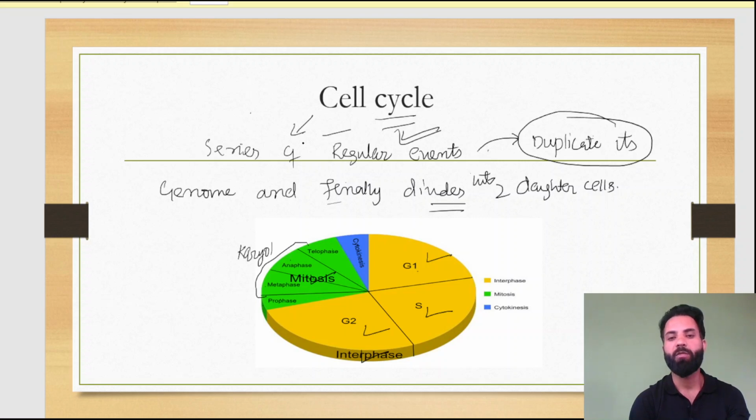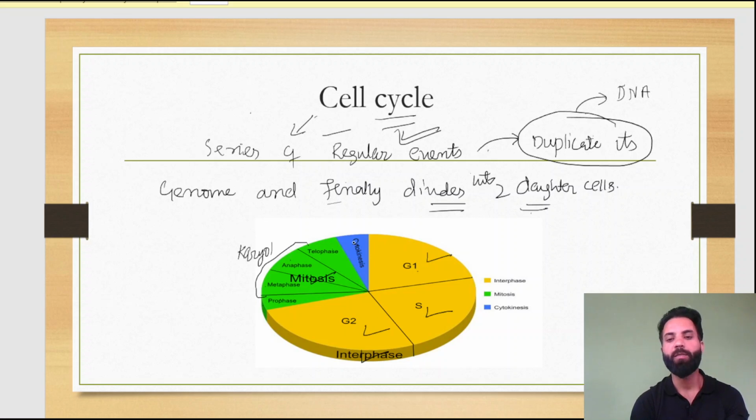It's a series of regular events happening inside the cell, through which the cell duplicates its genome. Genome means DNA. The cell doubles its DNA, and finally the parental cell gets divided into two daughter cells. That's called the cell cycle.